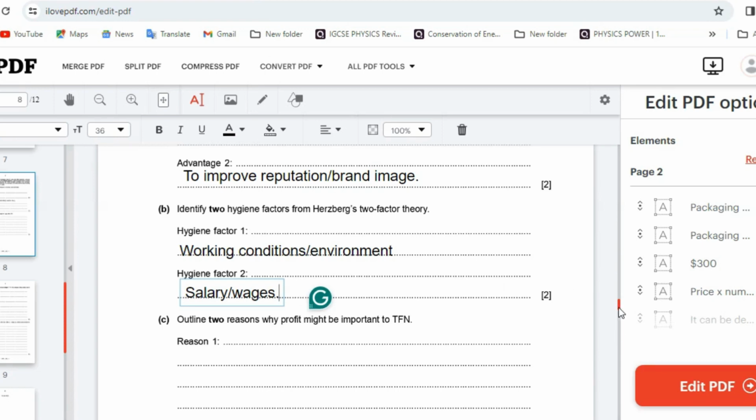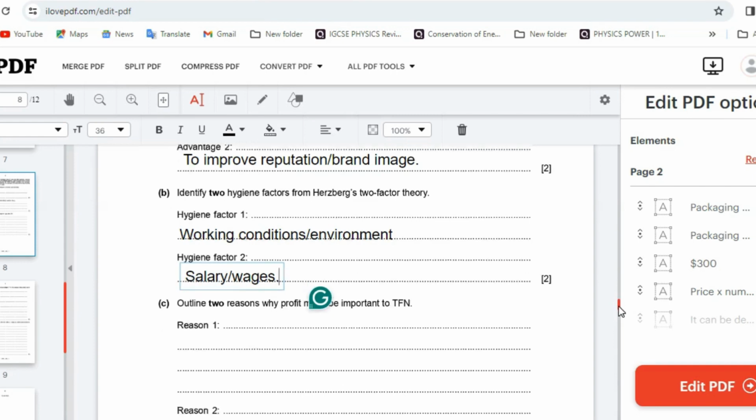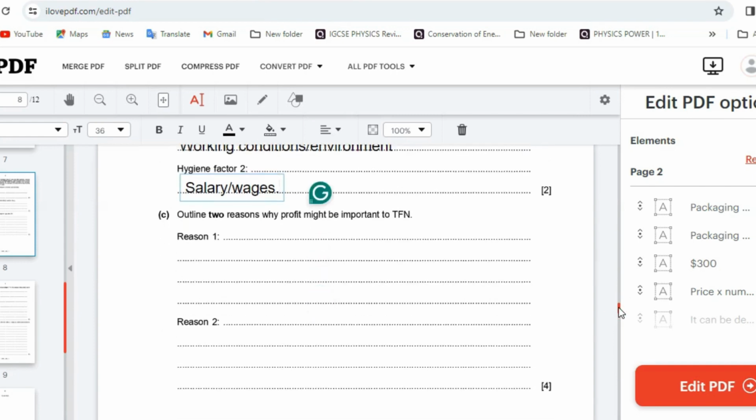Next question is question 4C, which says outline two reasons why profit might be important to CFN. Of course, we have been coming across this type of question. What do we use profit for? Let's try and put it out in an outline so that we can fill up the space.